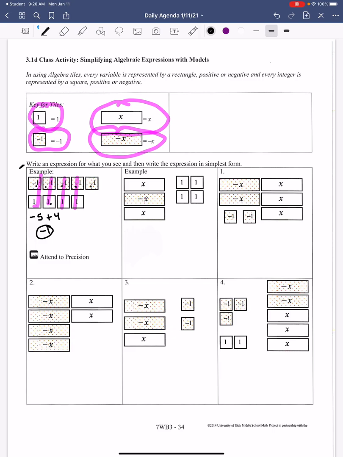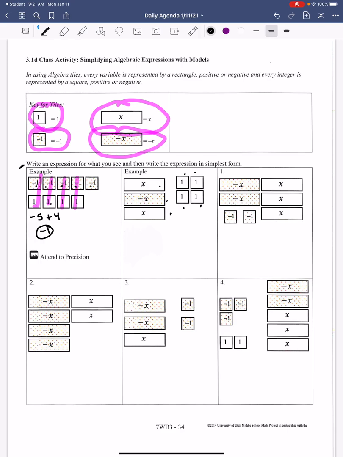The next example has one positive x, a negative x, another positive x, and then 4 ones. There's a couple different ways you could write this. We're going to do it the long drawn out way, and as long as you get it to simplest form, you'll be good.